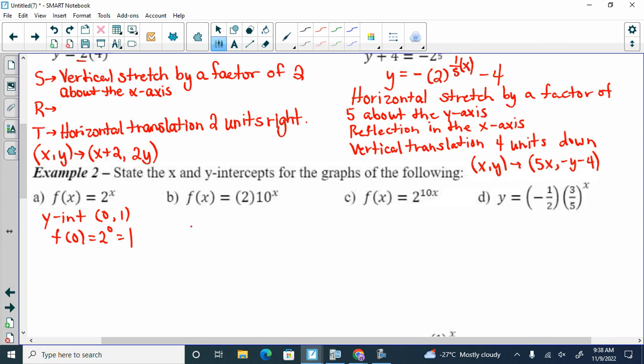This one I would do f of 0 equals 2 times 10 to the 0, which is 2.